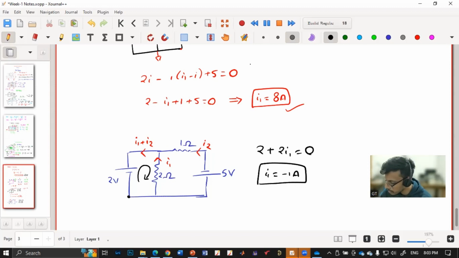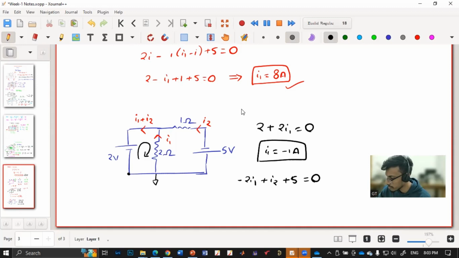Now I'll apply KVL in this equation. I'll start from here. So it will be plus or decrement. Minus 2I1 plus I2 plus 5 is equal to 0, right?